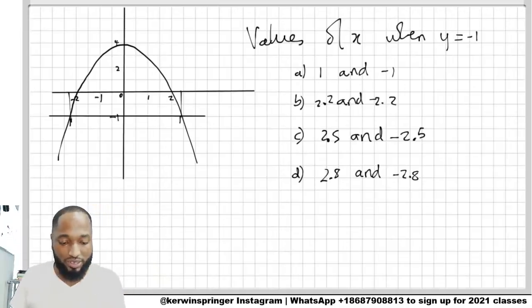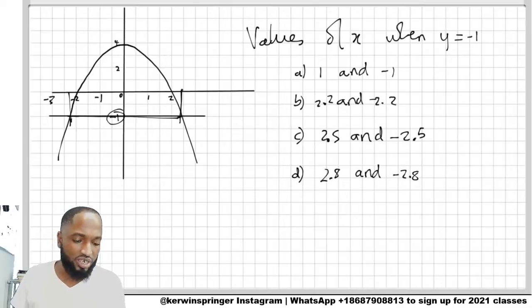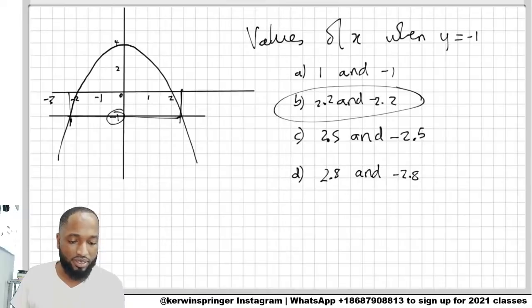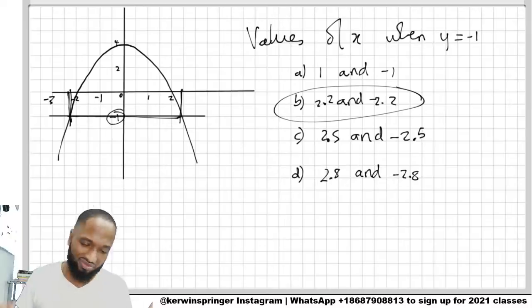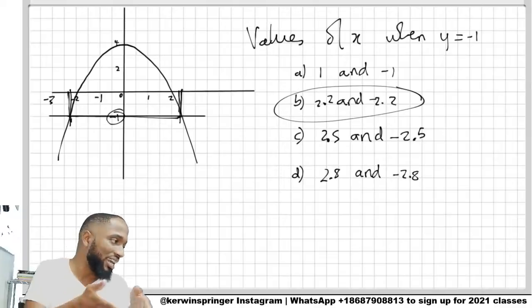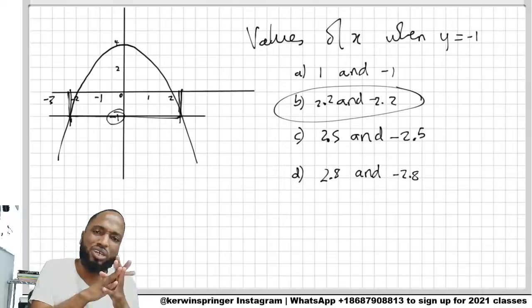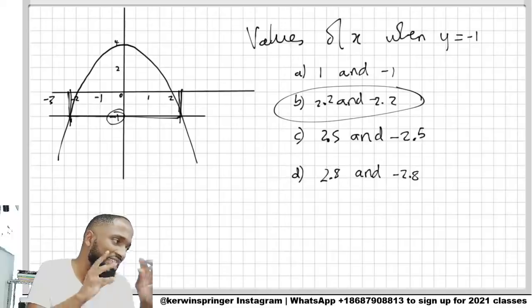So when y is equal to -1, you just draw the line across and read off the x values. It's kind of hard to see what x value this is. Actually, sorry, it's not 2.5. This is -3. So the best answer is actually B, because this will be like 2.3. This is looking like 2.3 thereabouts too. So yeah, 2.2. It looked like that was supposed to be the answer. So it's not that bad. You get a slight redemption there.